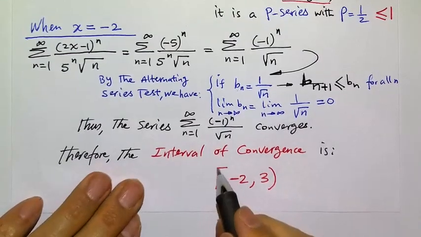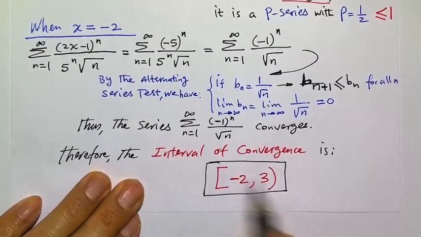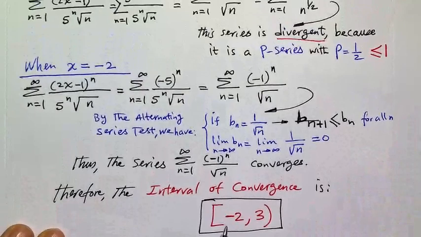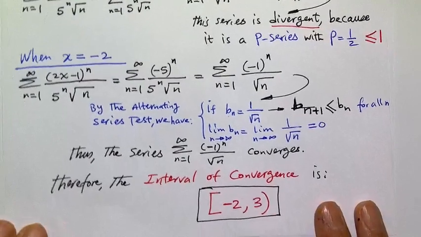So including -2 and excluding 3, because the series diverges at x equals 3.